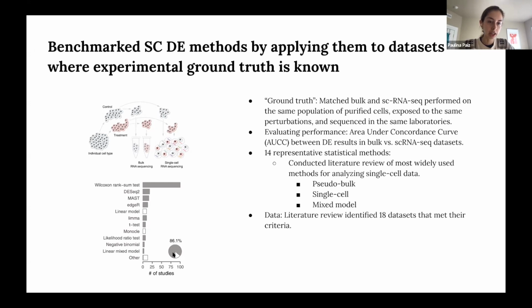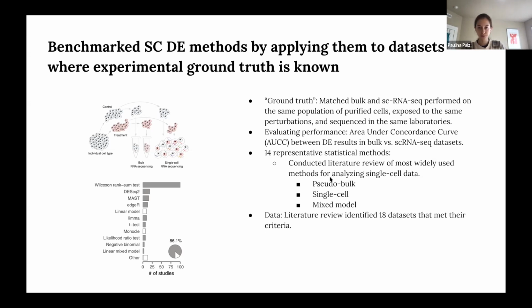So you see here that almost 90% of the studies that they included in this literature review used those representative methods that they will test. And they broadly fall into three main categories.